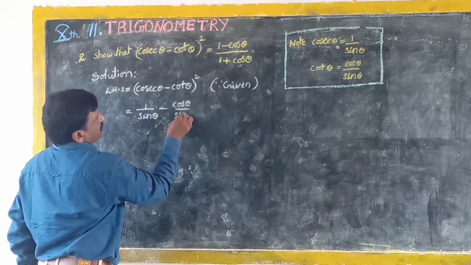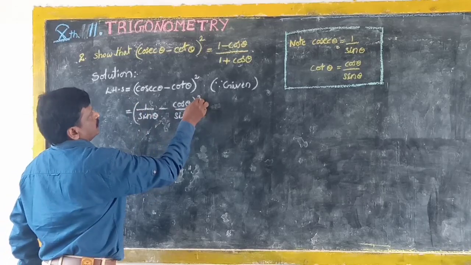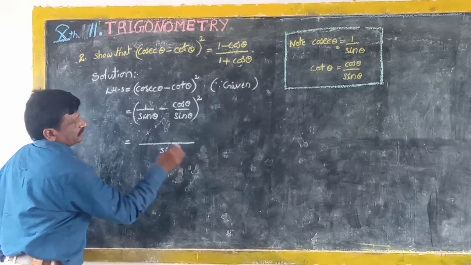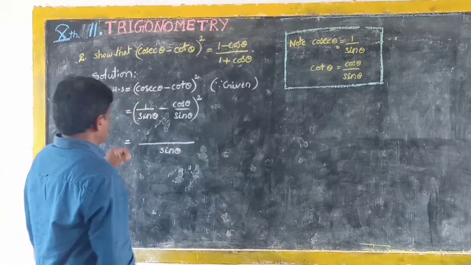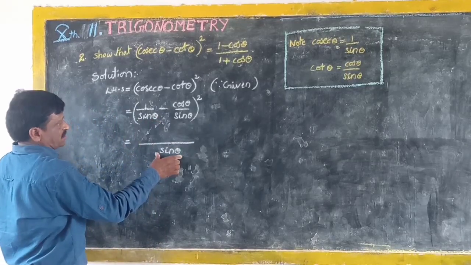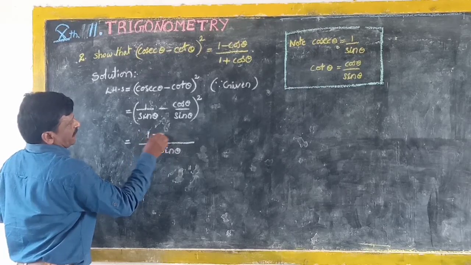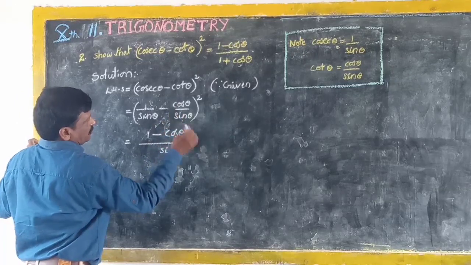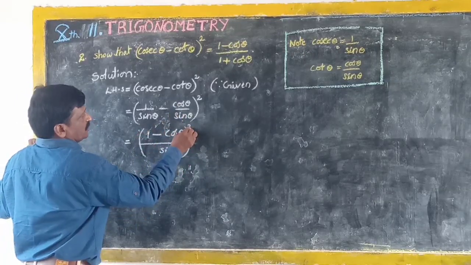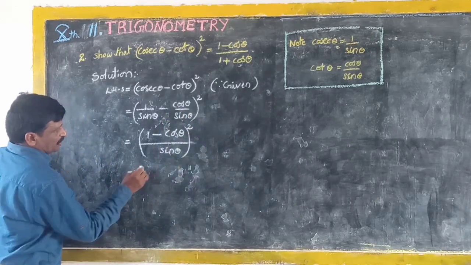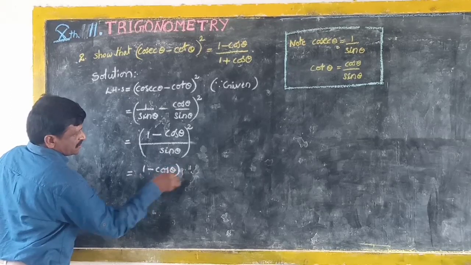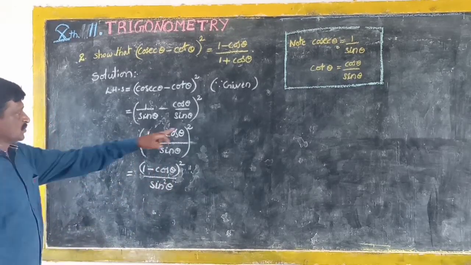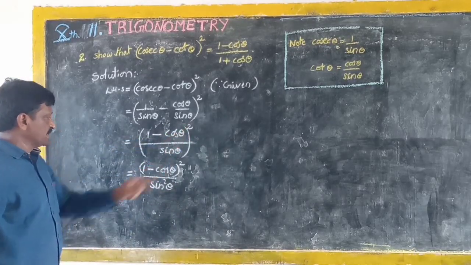Taking LCM sin theta, we get (1 minus cos theta) by sin theta, whole square. The square is distributed: (1 minus cos theta) whole square by sin square theta.